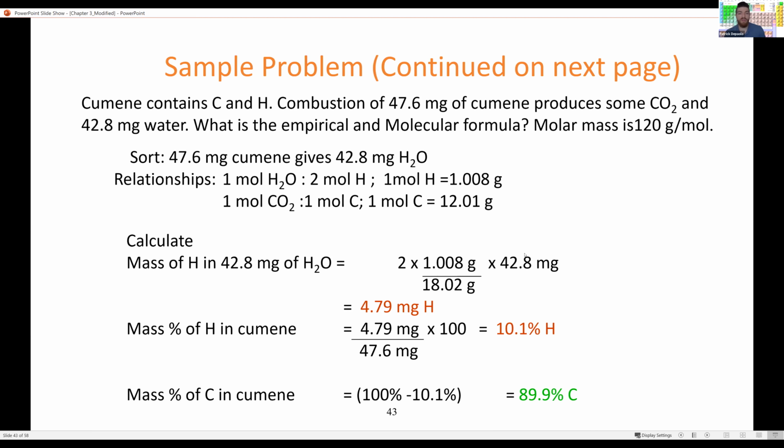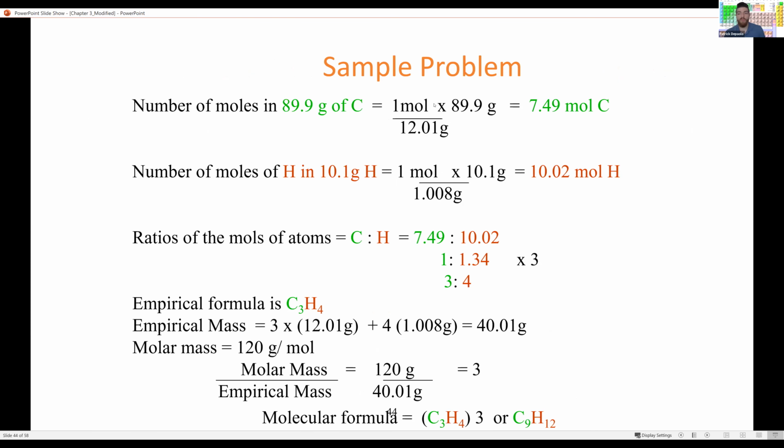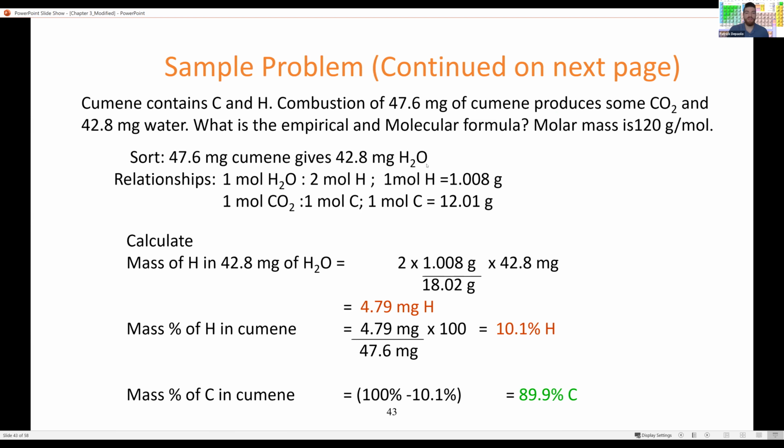Even though it's in milligrams, just to make it more complicated, you can just put it in grams. That's what I do. So let's say you have 42.8 grams of water. We're going to divide that by 18.02, which is the molar mass of water.